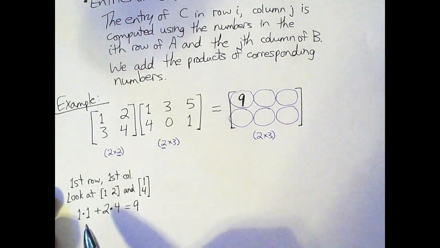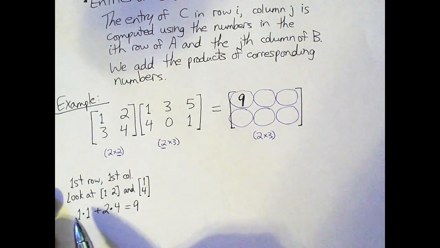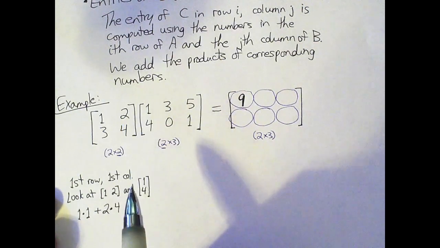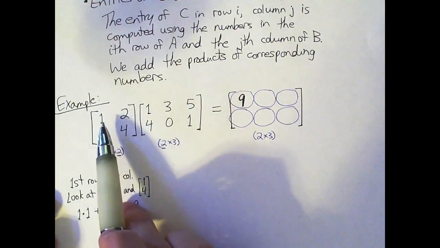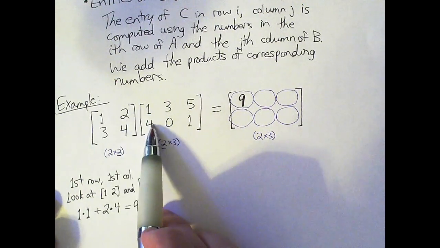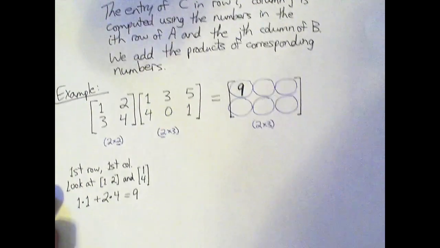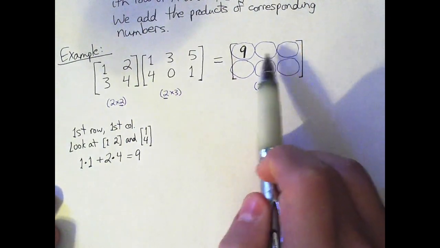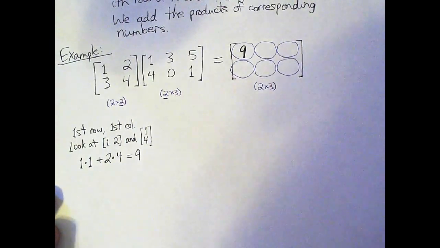So all we really had to do was 1 times 1 plus 2 times 4. But the tricky part is recognizing that that's what we're supposed to do. It's this 1 times this 1 and this 2 times this 4 to get this 9. Let's move to the right one spot and figure out what goes in this spot to the right of the 9.